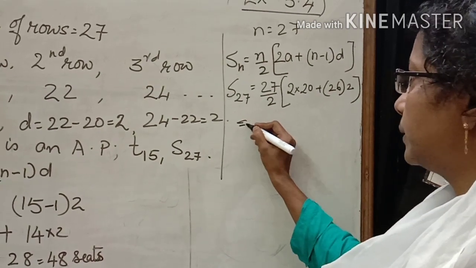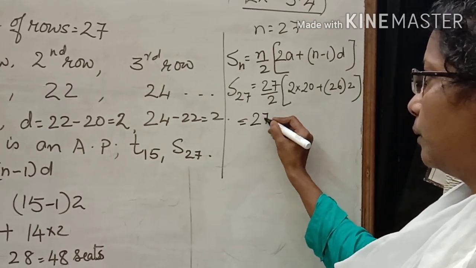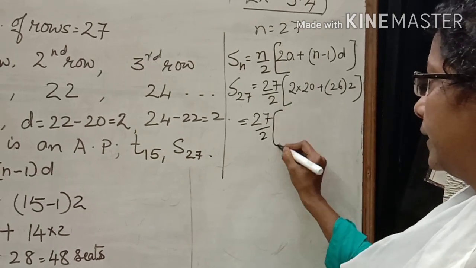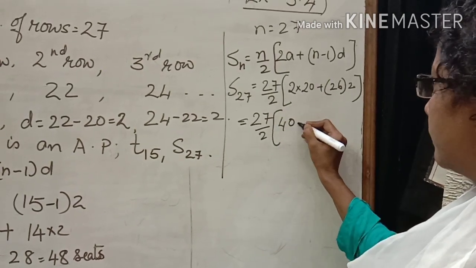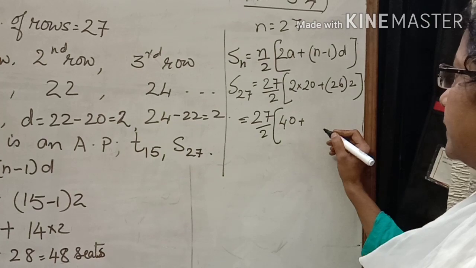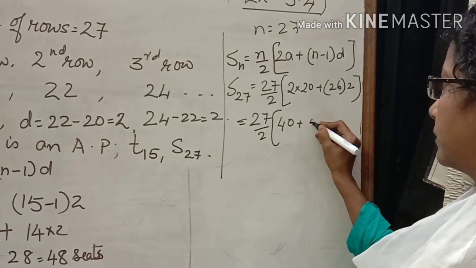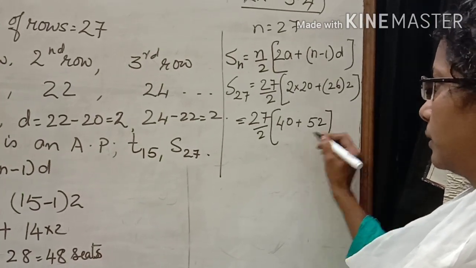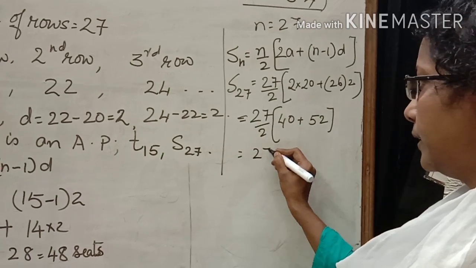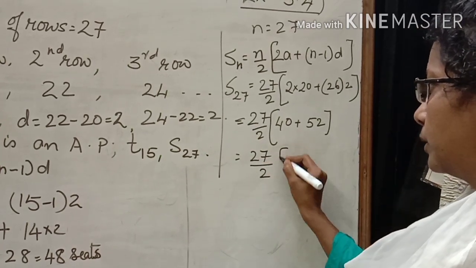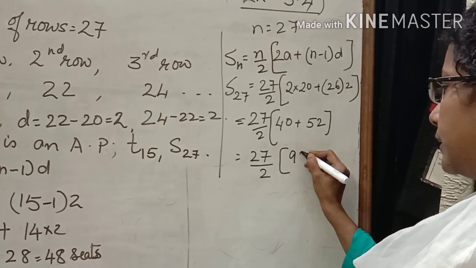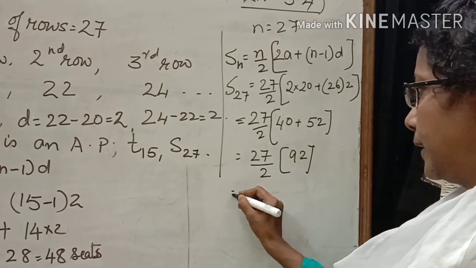So that is equal to 27 upon 2. Here 40 plus 26 into 2, that is 52. So here 27 upon 2 and this is 92. Cancel it.